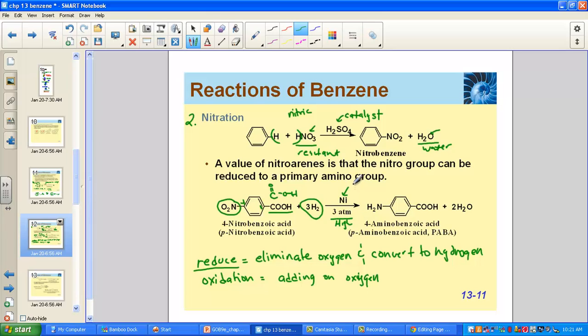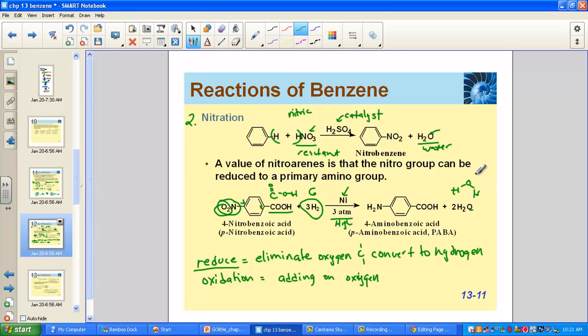So extremely high pressure, with a surface metal catalyst, we can add hydrogen. And if I remove 2 oxygens, you can see the formation of 2 waters, each one of those waters with 1 oxygen. 3 units of hydrogen, of course, is a total of 6 H's. 6 H's is required to hook with the 2 oxygens to make a water.